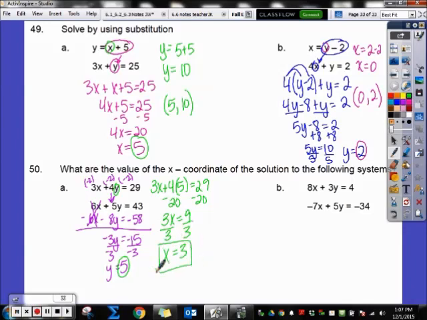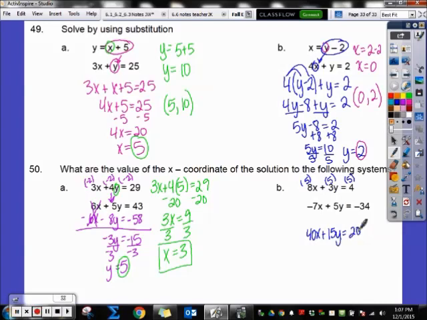Then for the second one, it's a little bit more difficult to get opposites. I don't really want to deal with the 7 and the 8. I would rather deal with the 3 and the 5 and make a positive 15 and a negative 15. So I'm going to multiply the top equation through by 5. So that would be 40x plus 15y equals 20.